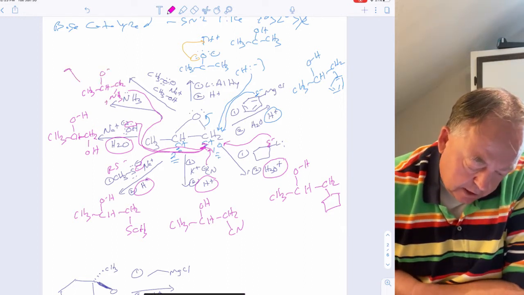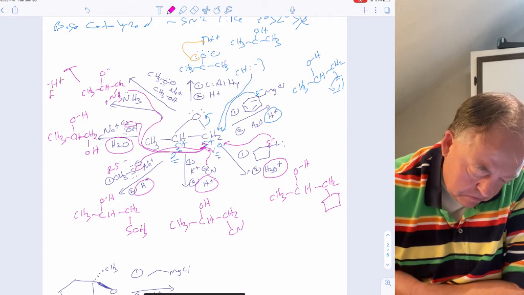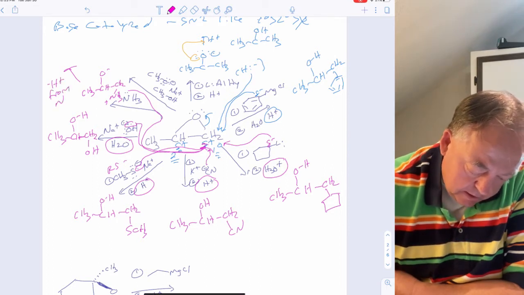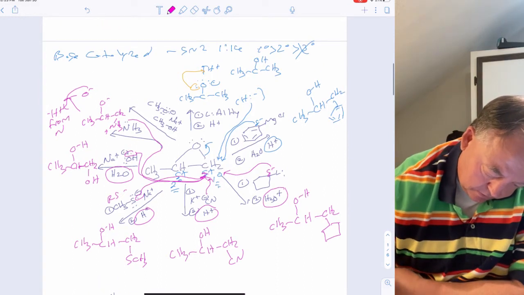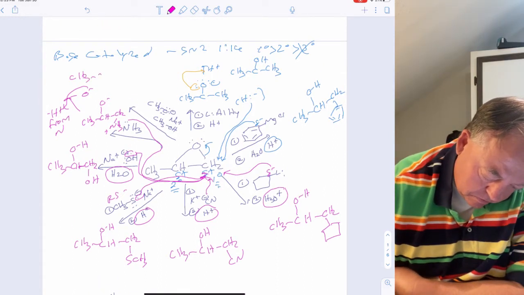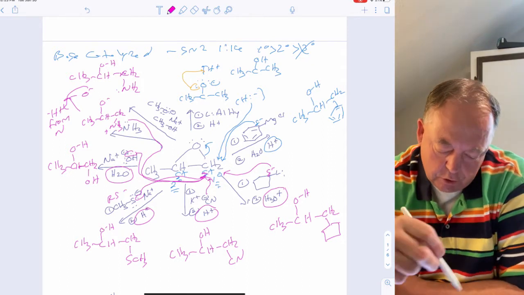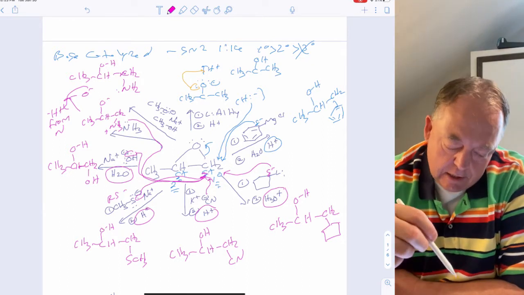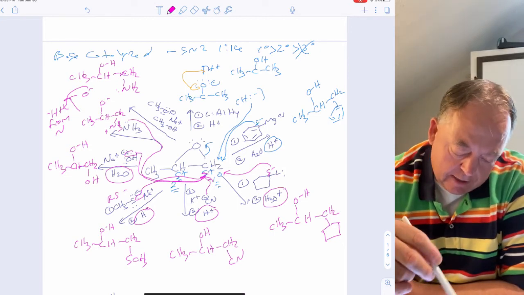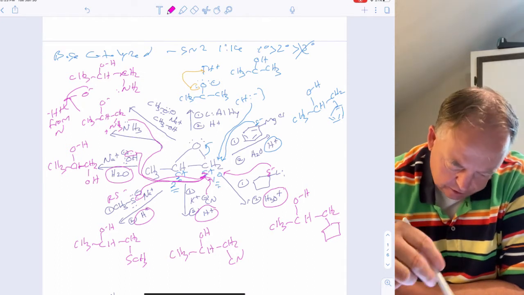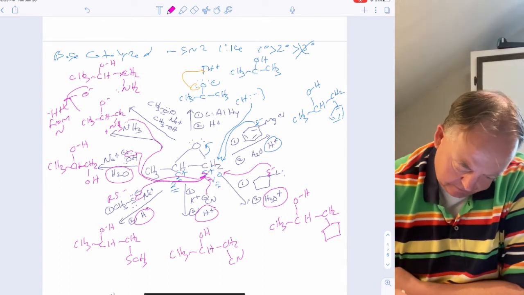And then nitrogen loses a hydrogen. And then the O- picks up that hydrogen from the nitrogen. So again, NH3 would attack the CH2, open the epoxide up to make the O-, and then you would lose a hydrogen from the nitrogen, and that oxygen would pick up the hydrogen. So you end up with an NH2 added there instead.